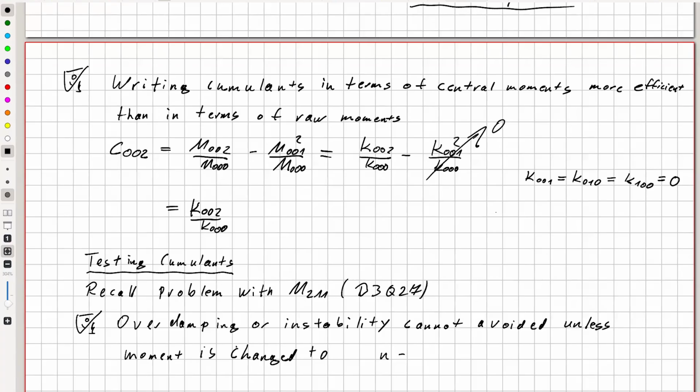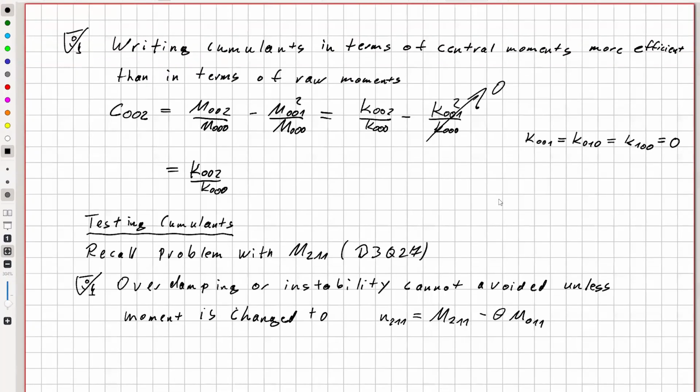So we make this change: n211 equal to m211 minus theta m011. If we make this change, then suddenly this problem that the ghost moment would increase in size was gone, right? So let's see how the cumulants behave in this way.